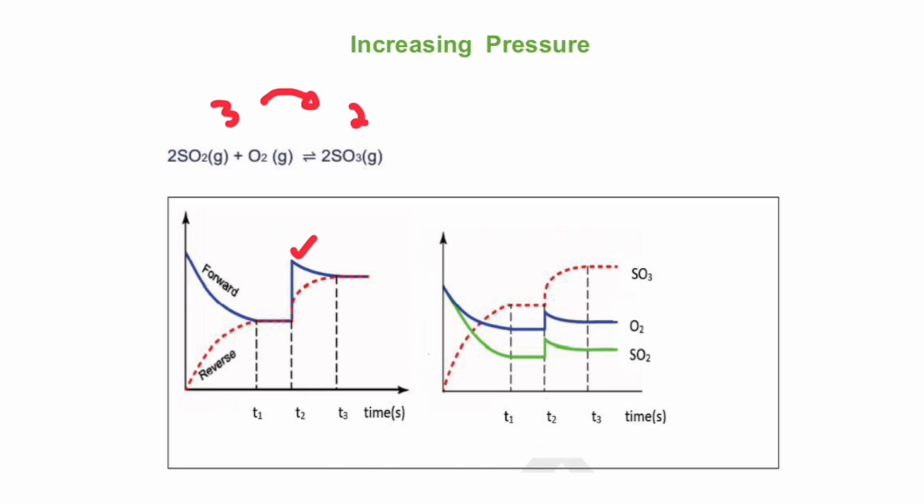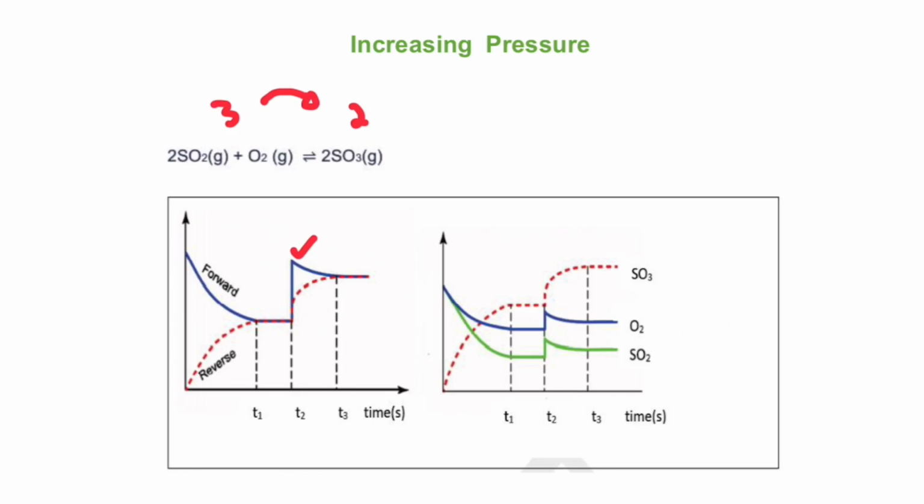Both rates of reaction should increase because of collision theory, but one should increase more than the other because of Le Chatelier's principle. So the forward shoots up, the reverse reaction goes up, but the forward is above the reverse because, according to Le Chatelier's, the forward, which leads to fewer moles of gas, should be favored more than the other. So that is consistent.